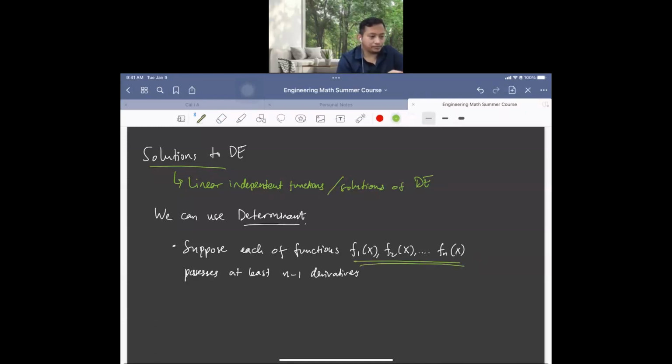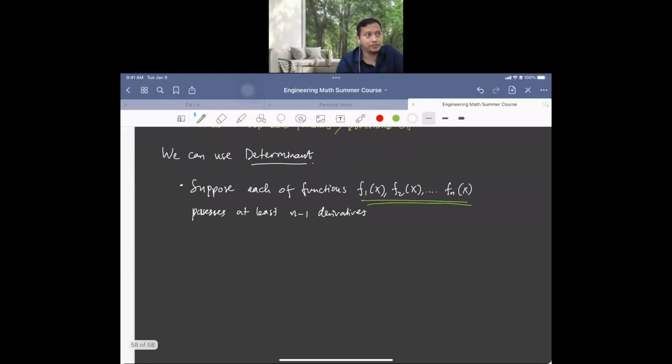What that means is that all these functions can be differentiated.